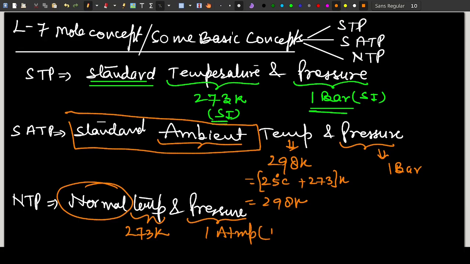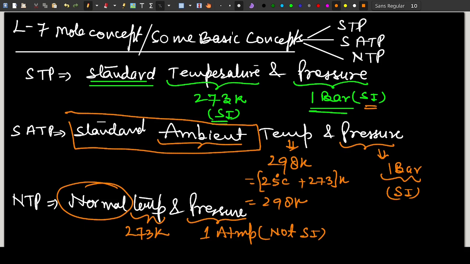This is not an SI value, because atmosphere is not SI. This is SI and this is also SI.